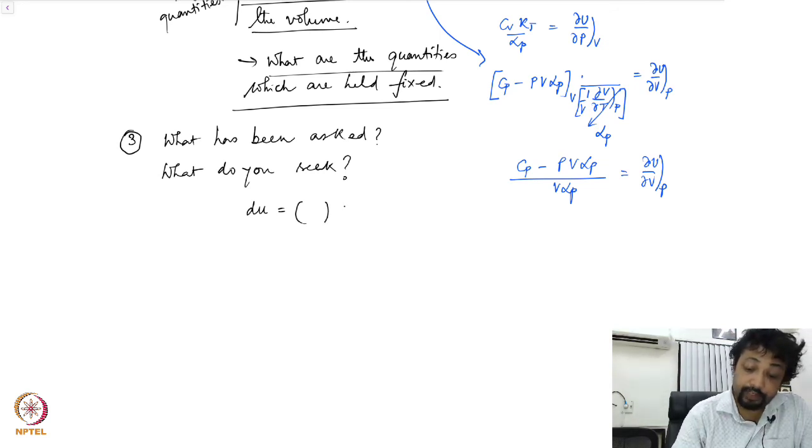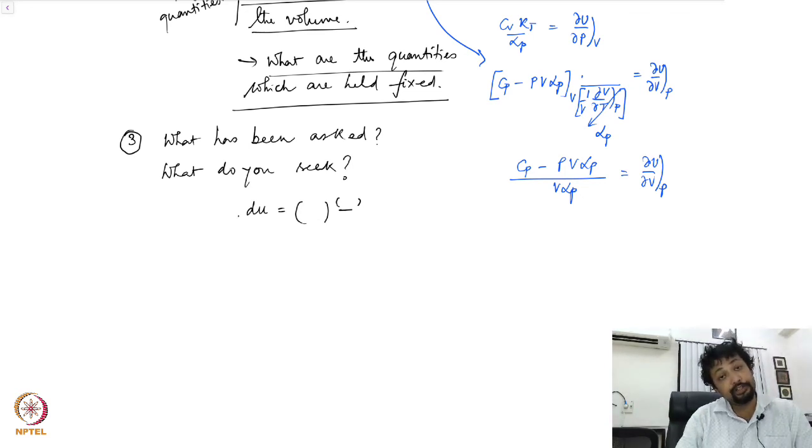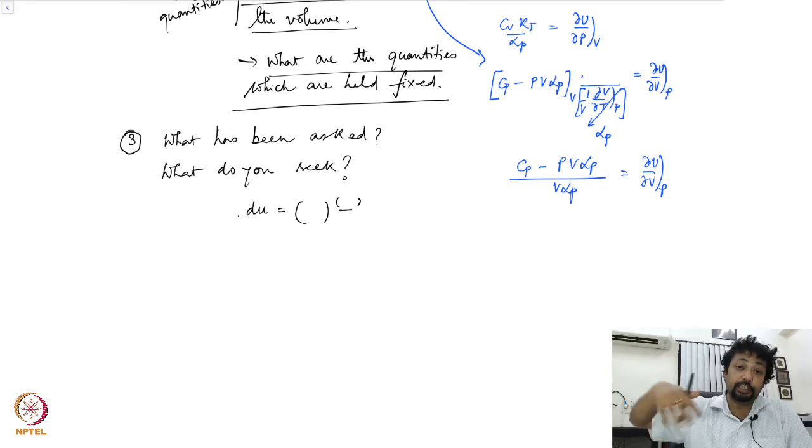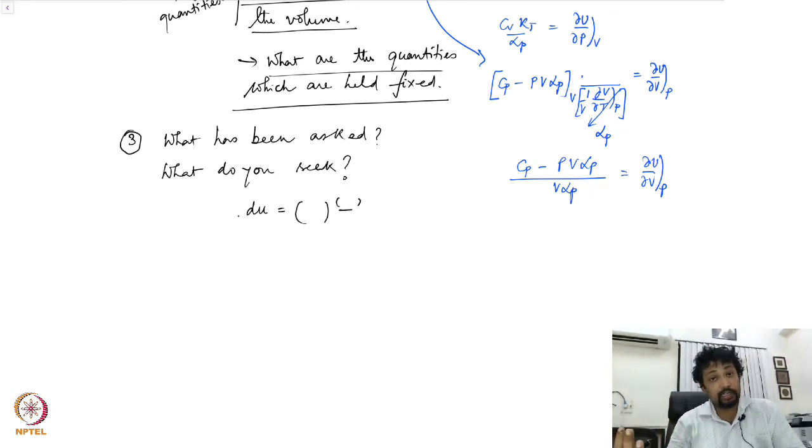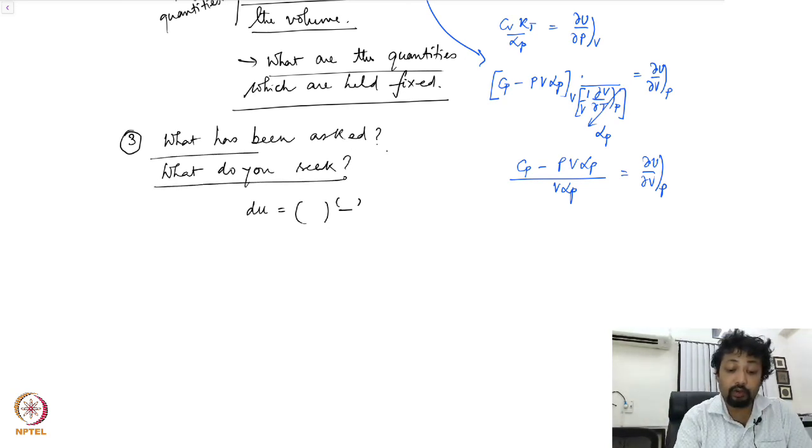A derivative with respect to the quantity that is being changed. In the sense that you seek to find out how much the internal energy has changed if your temperature has doubled, keeping the volume fixed, or your pressure has halved, keeping the temperature fixed. So you have to figure out what do you seek, what has been asked.